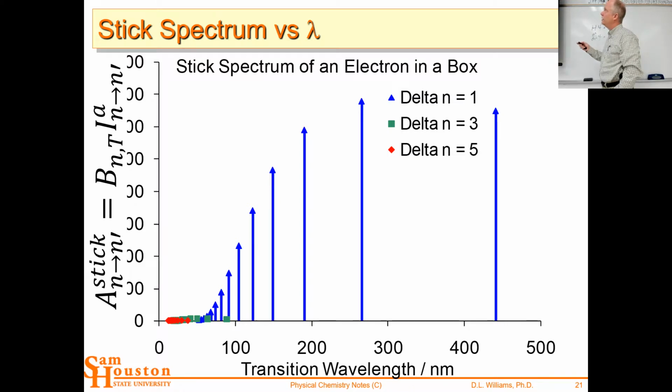So all of these, starting here, going to the left, are hot bands in the blue. Now there'll be one overtone that starts in the ground state, but then the others are both hot bands and overtones. So that first overtone is just a pure overtone, and then you have hot band overtones.